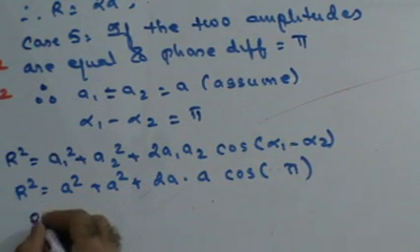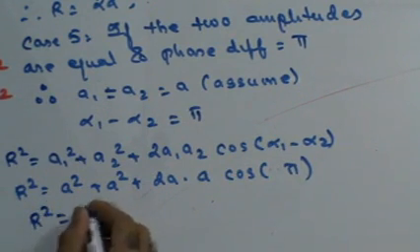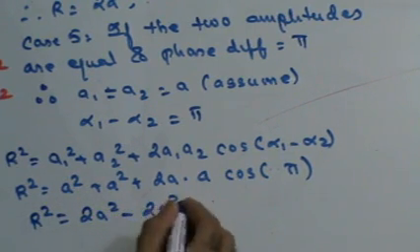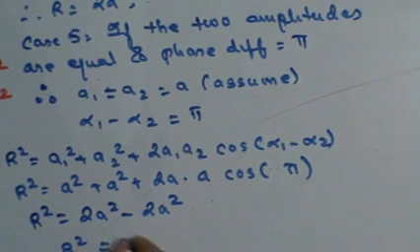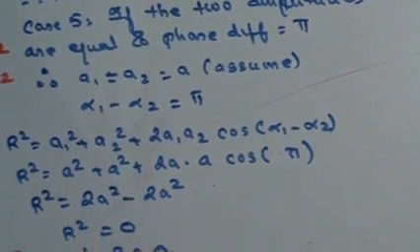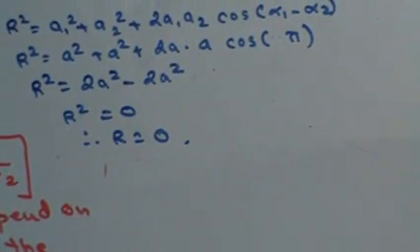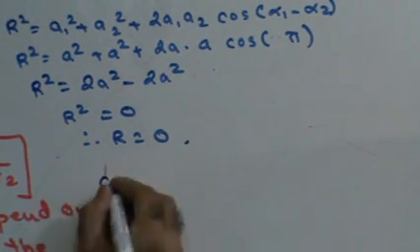So I get R square is equal to 2A square minus 2A square. So R square is 0, R is 0. So if the two amplitudes are equal and the phase difference is pi, then there will be no resultant amplitude obtained.